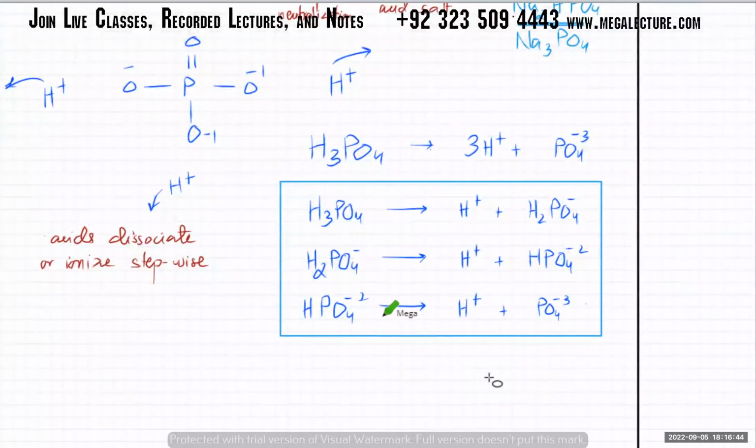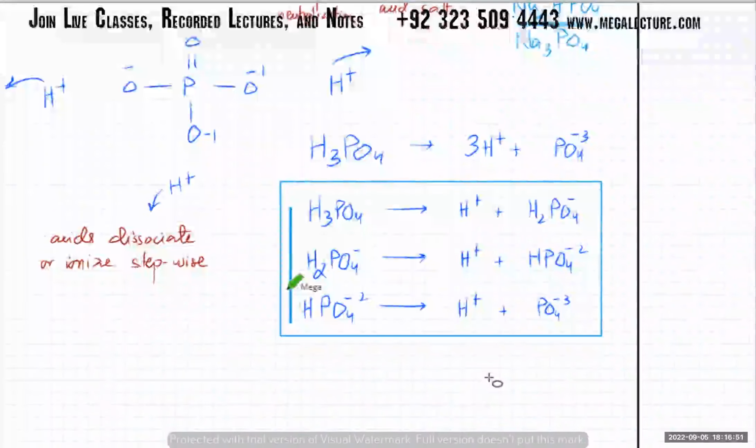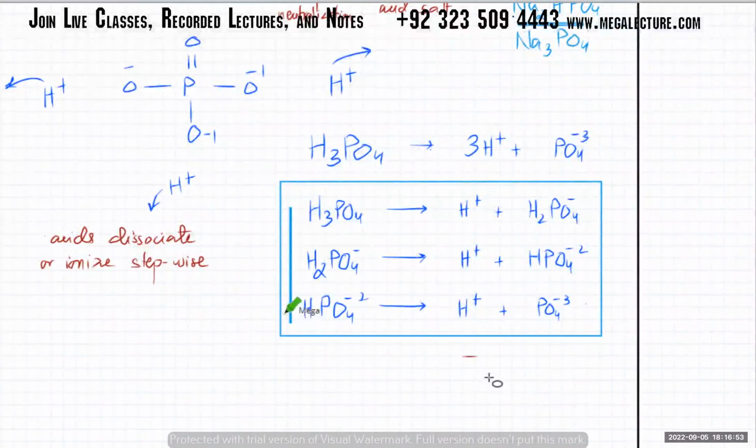So which one do you think out of the three is the strongest acid? For which one is the ionization going to be the easiest? In तीनों में से. And focus on the negative charge.